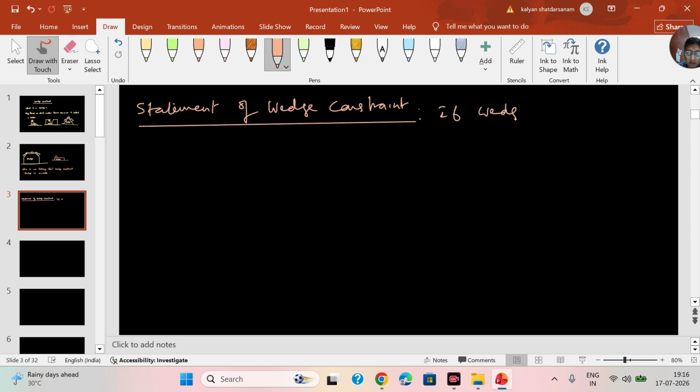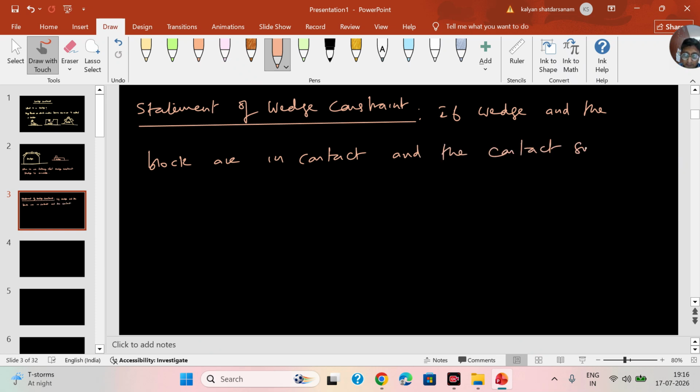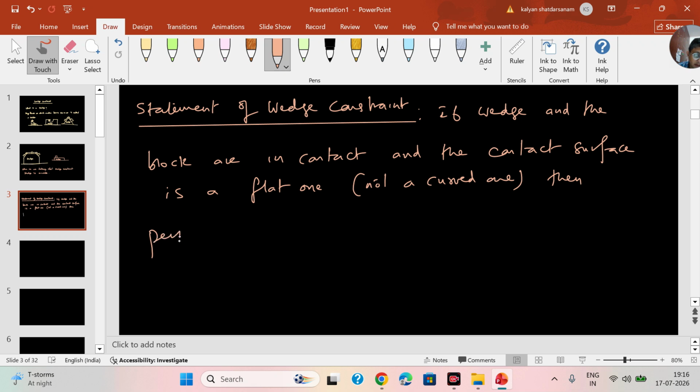If wedge and the block are in contact and the contact surface is a flat one, not a curved one, then perpendicular to contact surface, acceleration of wedge and block must be same.